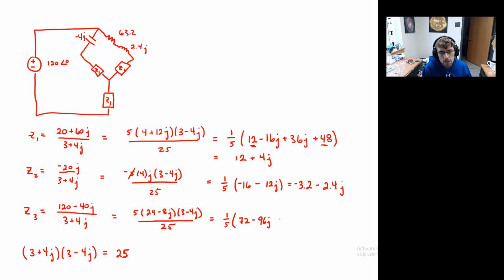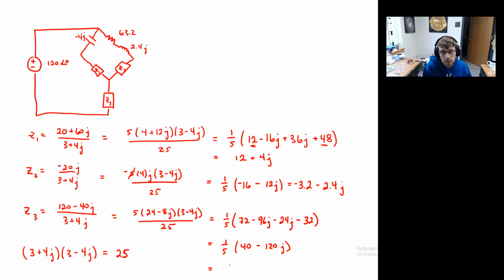Okay. 8 times 3, so we get a 24j. And then negative 8 times negative 4 gives me a 32. And then j squared picks up an extra negative sign. So I get 32. And that whole rigmarole, 1/5. Sorry, I've got to write this out, otherwise I'll make a mistake. Minus 120j.